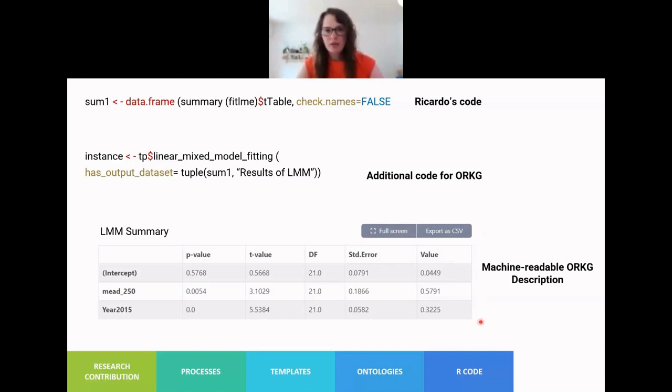So it's ready to be downloaded and reused in a secondary analysis. You can see here there's this feature called export as CSV that allows us to automatically download this data. There's another function in the ORKG that would allow you to directly send this information as a data frame to R. So you can right away start doing your secondary analysis and collect information like this from other publications as well.